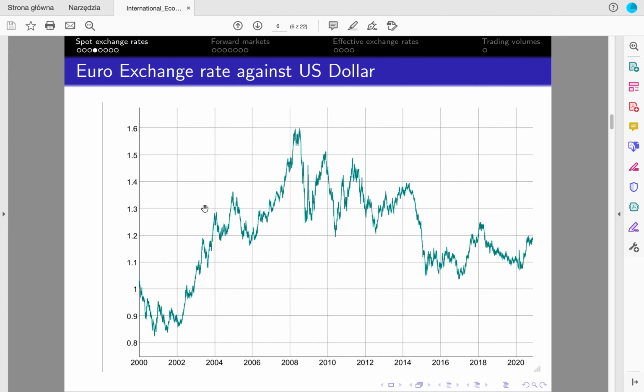But let's go back to the basics. We see that at the beginning, for 1 euro, we could get less and less dollars. So in this case, the euro actually depreciated while the dollar appreciated.